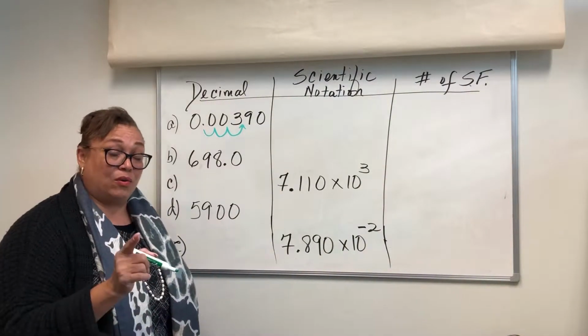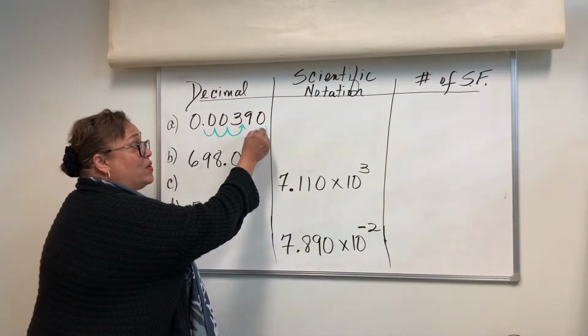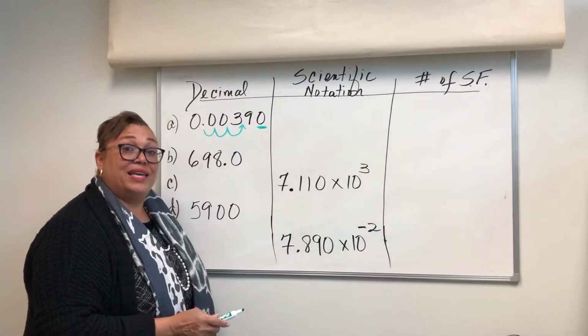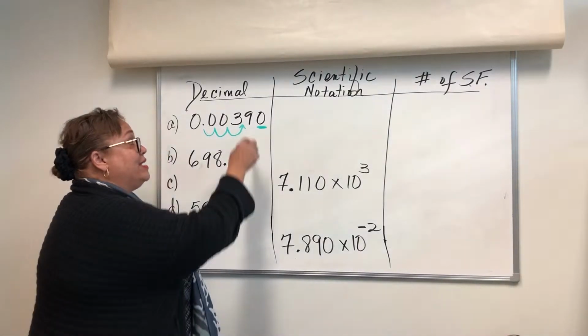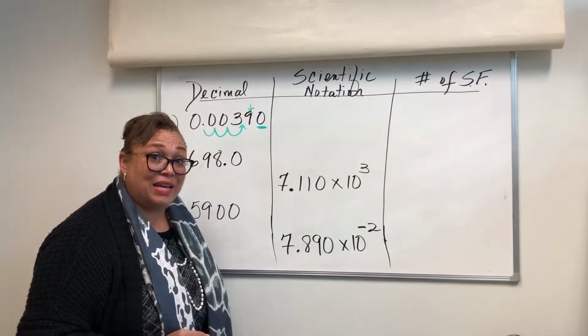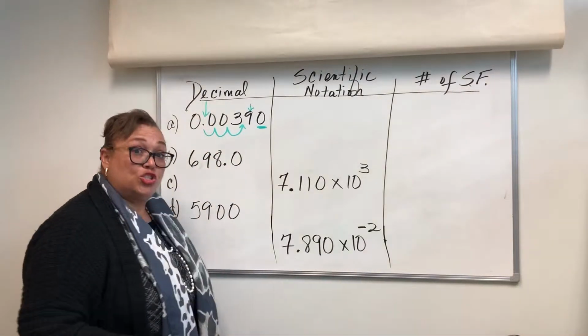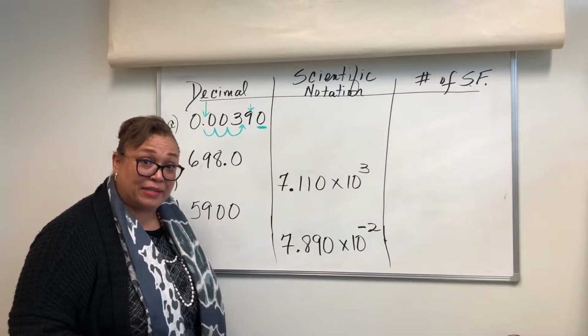0.00390. Now, remember rule number 4. This 0 at the end is behind a significant figure and at the same time after a decimal point. So you cannot drop it.